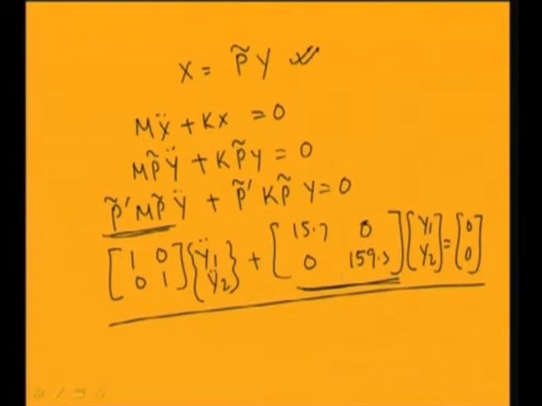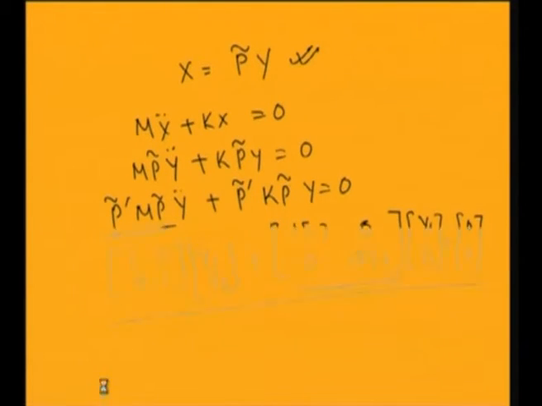After knowing this equation, you can see that these are also a set of uncoupled equations and you can find y1 and y2 from them. So you can write the first equation: y1 double dot plus lambda 1 y1 equal to 0, and the second equation becomes y2 double dot plus lambda 2 y2 equal to 0.